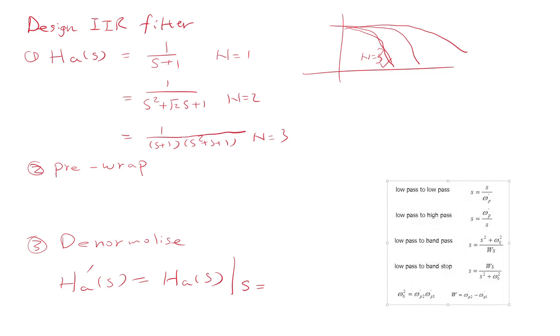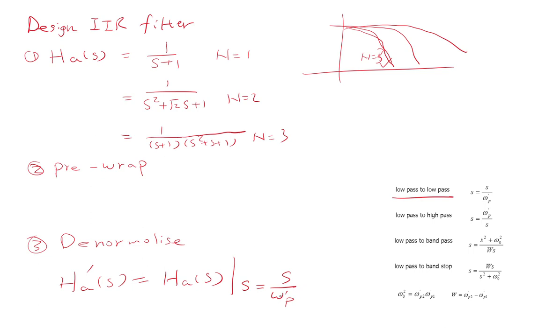For example, if you want to have this low pass filter, then you replace s with s over omega hat p. Then you're gonna ask, what is omega p hat? That is something called a pre-warp.